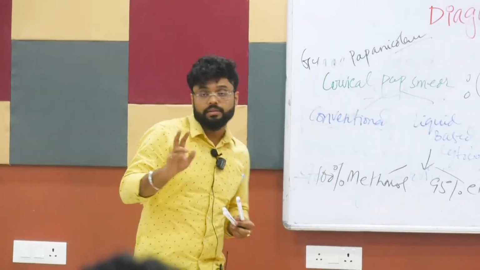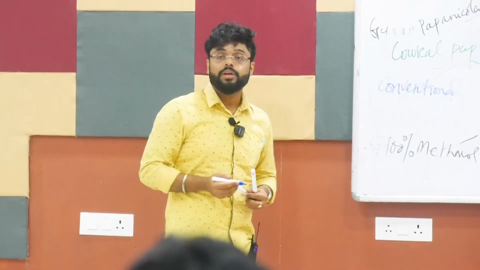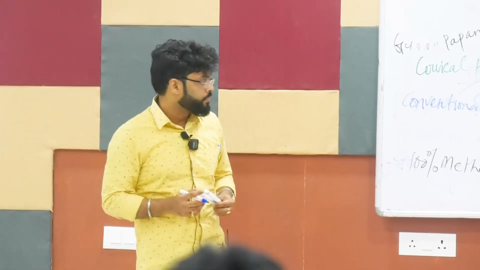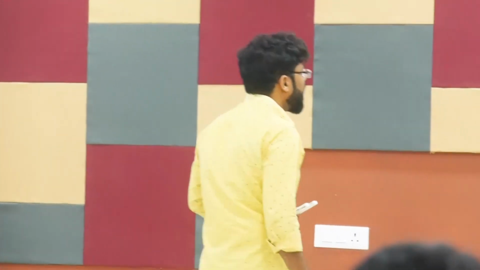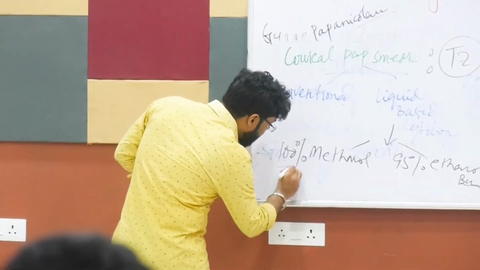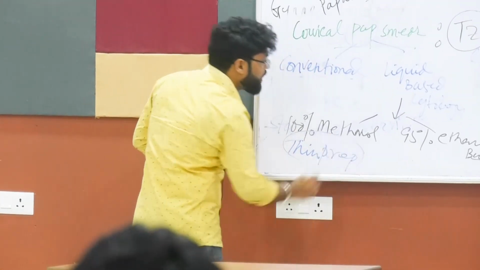You have to remember two names. Two important types of liquid based cytology: one is Sure prep and the other is Thin prep. 100% methanol is used in thin prep type of LBC.